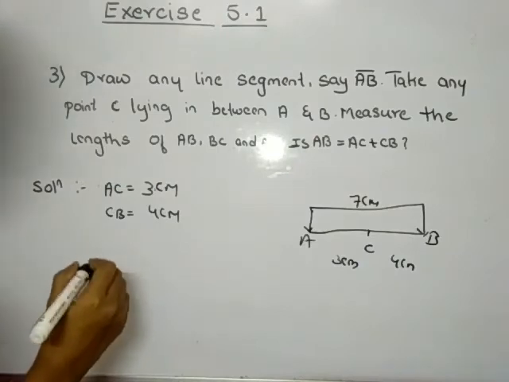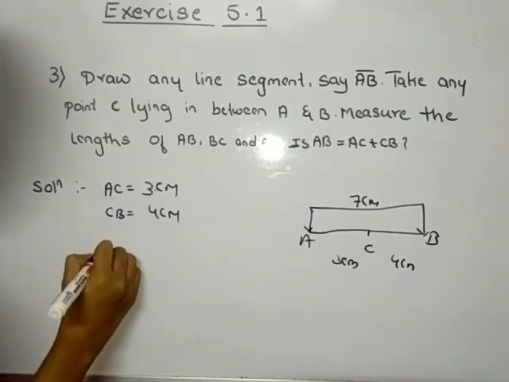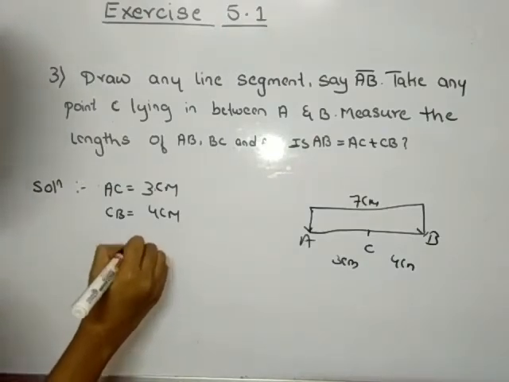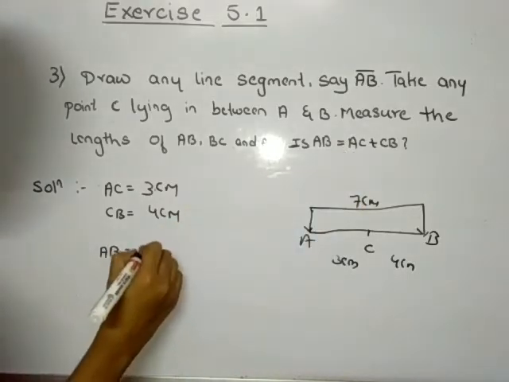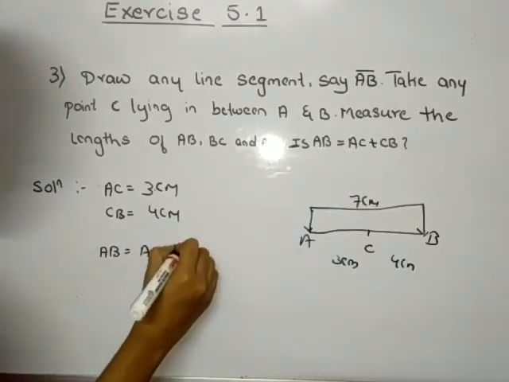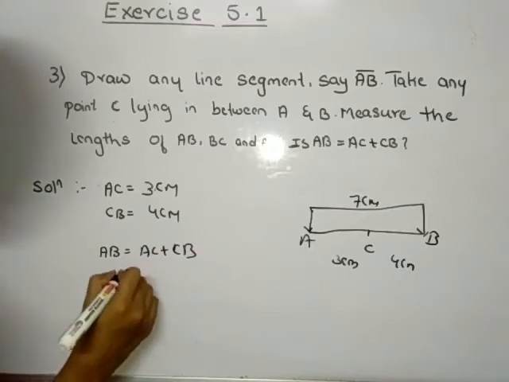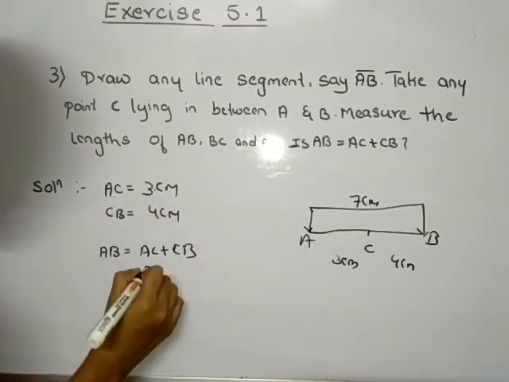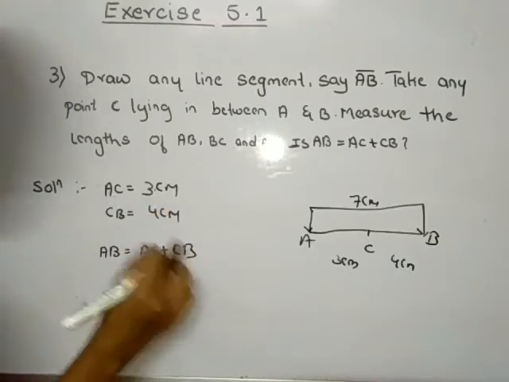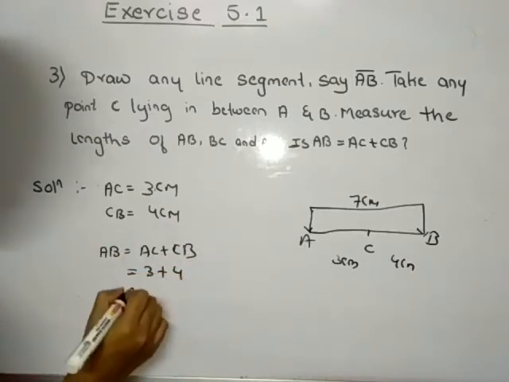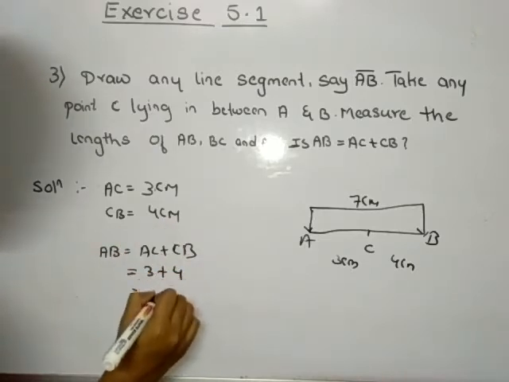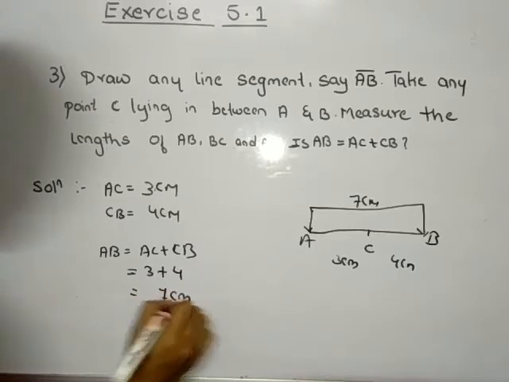So we'll write here: AB is equal to AC plus CB, as they have given, right? AC is 3 centimeter plus CB is 4 centimeter. We'll add it: 3 plus 4, we get 7 centimeter.